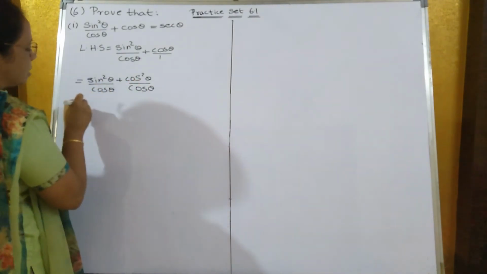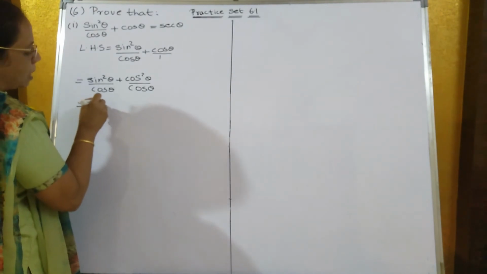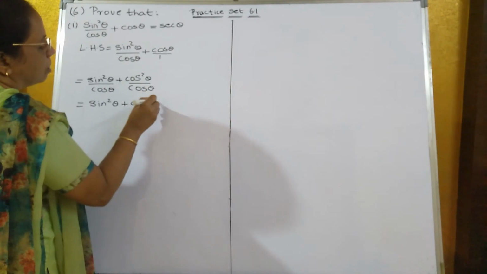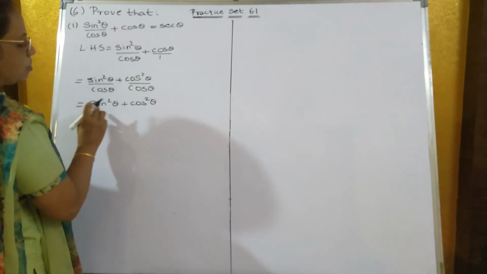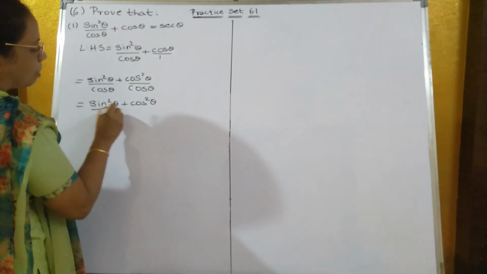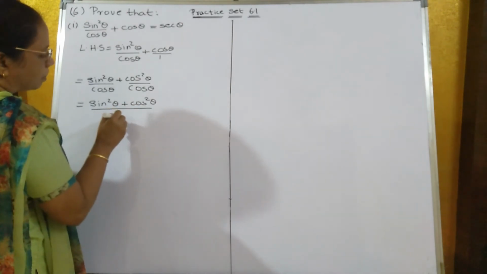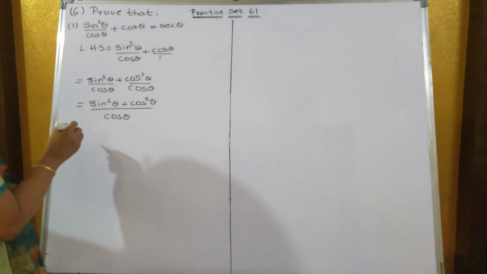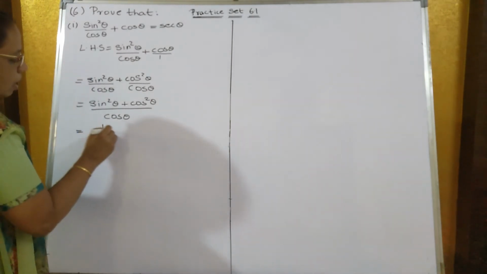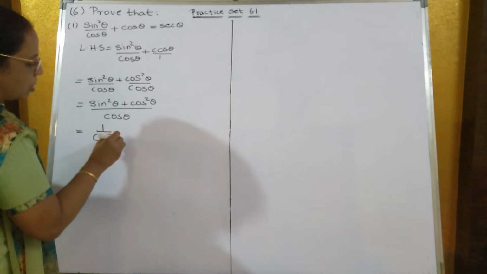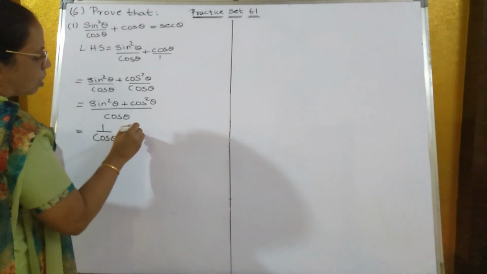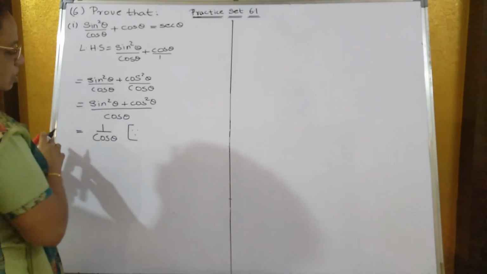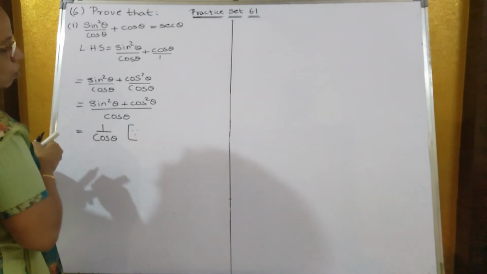Now the denominators are the same, so sin square theta plus cos square theta upon cos theta. Now sin square theta plus cos square theta is equal to 1. So that is equal to 1 upon cos theta. The reason you have to write down over there is that sin square theta plus cos square theta is equal to 1.